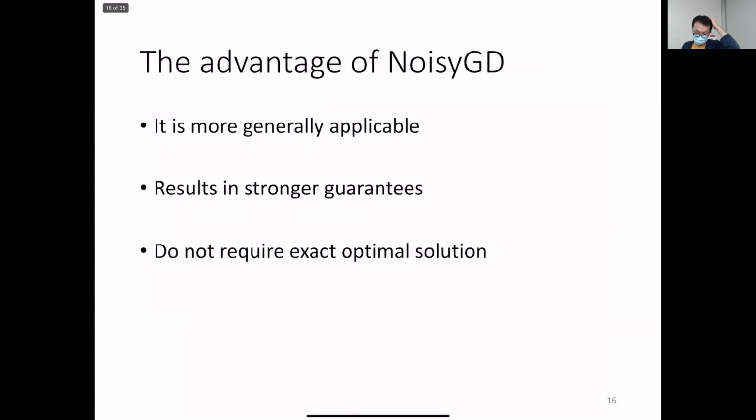To say it differently, noisy SGD is better because it is more generally applicable, and we get stronger guarantees.